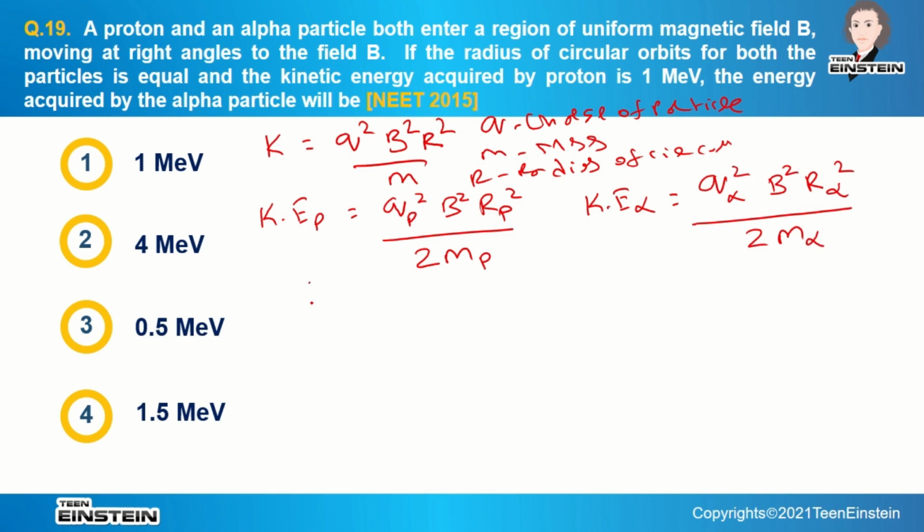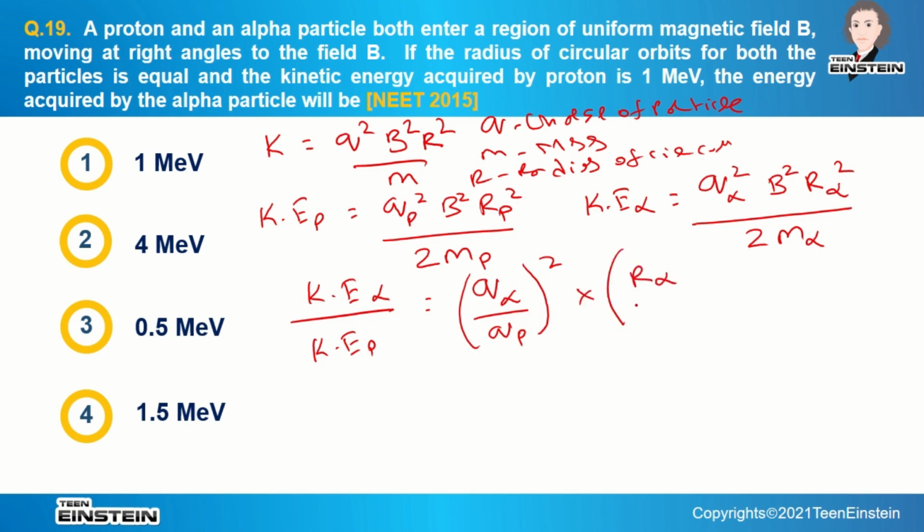If you take the ratio of the kinetic energy of the alpha particle and the kinetic energy of the proton, it will become q alpha by qp the whole square into r alpha by rp the whole square into mp by m alpha. So 2 and 2 will get cancelled. Here they have given the radius is equal, so r alpha by rp is 1, and you can remove that factor.